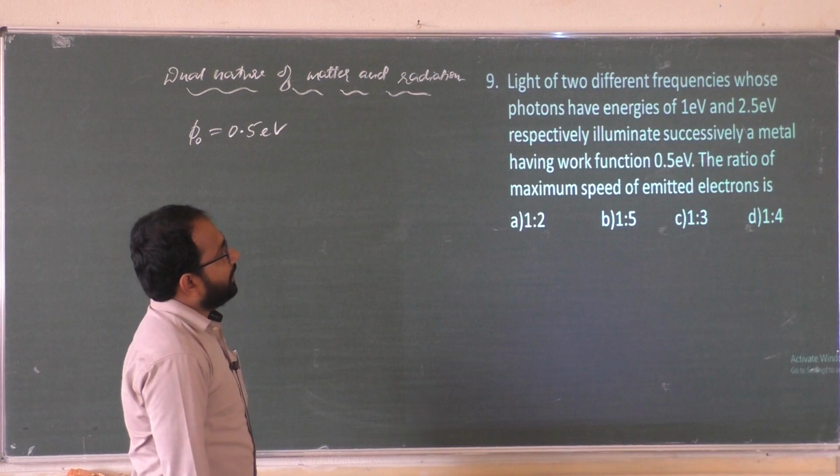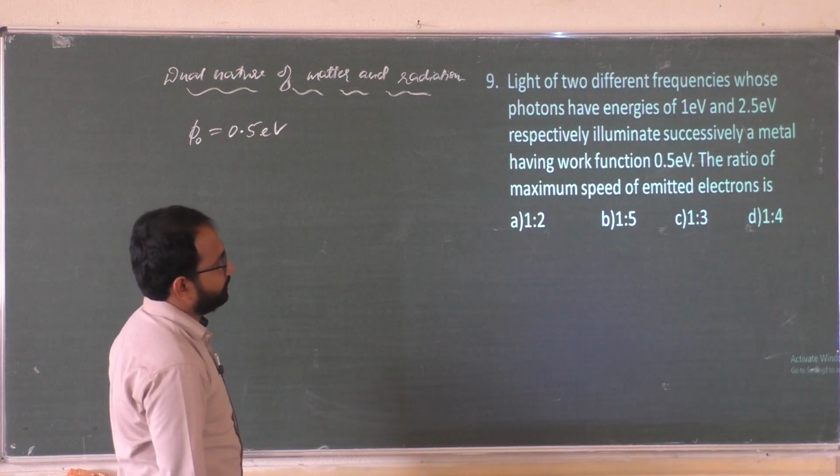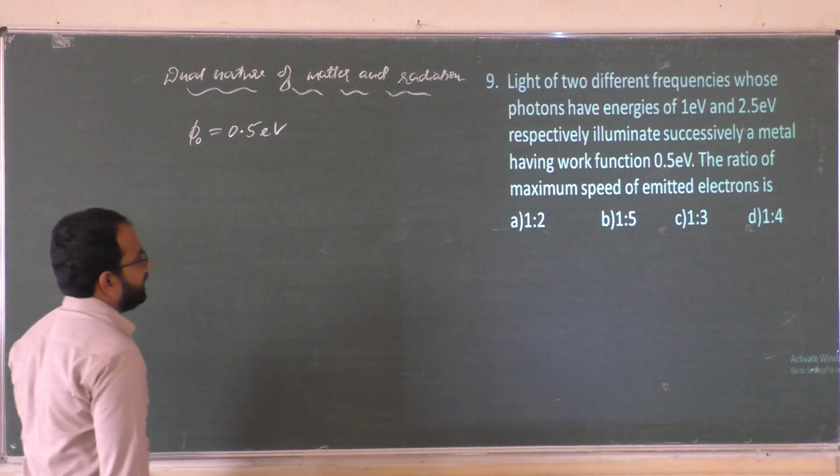What is the ratio of maximum speed of emitted electrons?